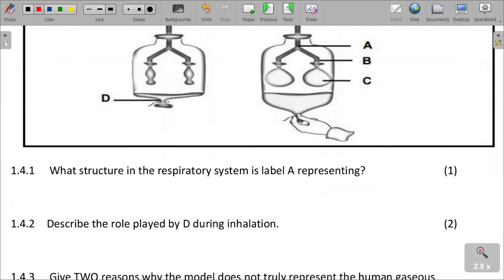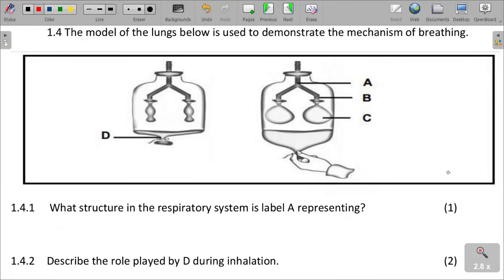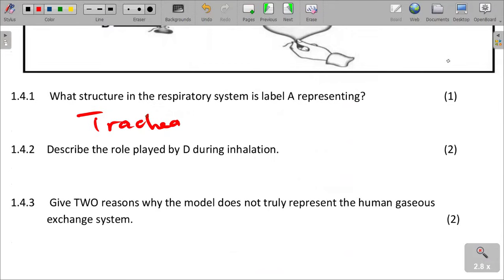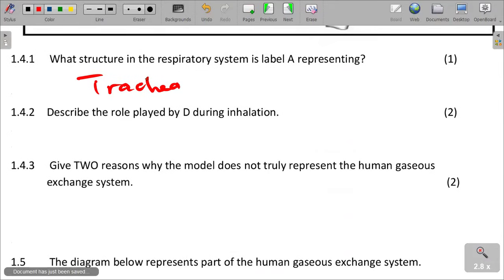As you can see, A is representing the trachea, which is the passage. A represents the trachea. And then describe the role played by D during inhalation.